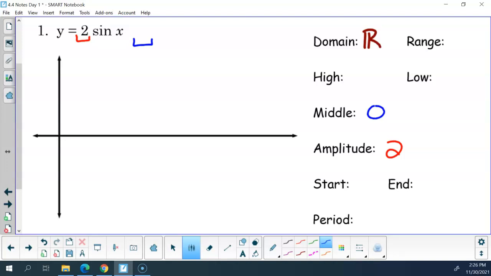If my amplitude is 2, that means I'm going to go up 2. So my high value would be at 2. I'm going to go down 2. That means my low value is at -2. So that tells me my range is that.